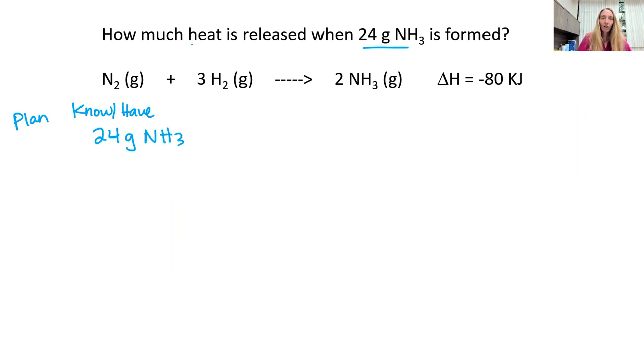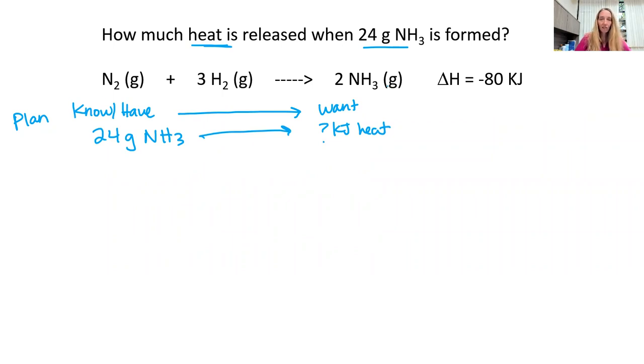Okay, and we want to know how much heat is released. So we start with what we know or have, and we go towards what we want. And what we want is kilojoules of heat. Okay, so we're going to connect these dots, grams to kilojoules.